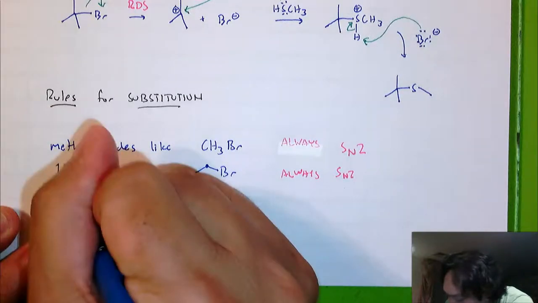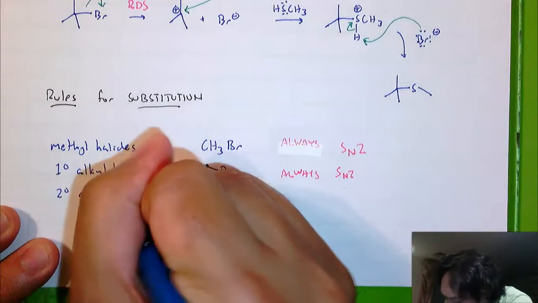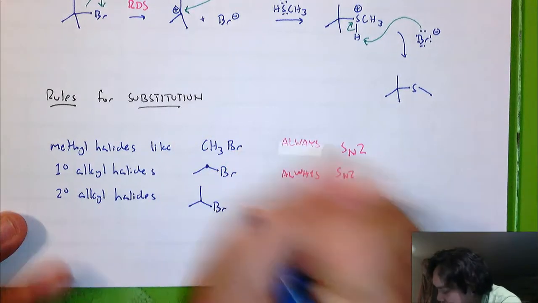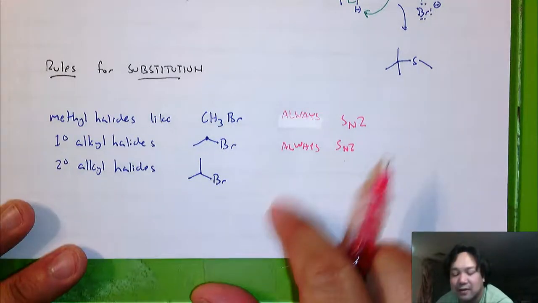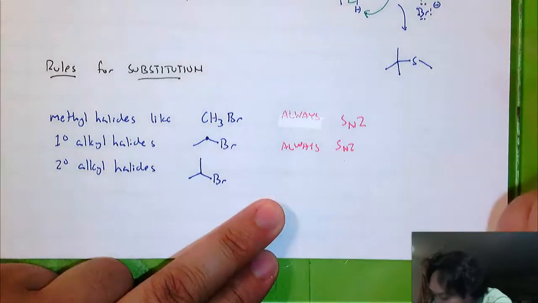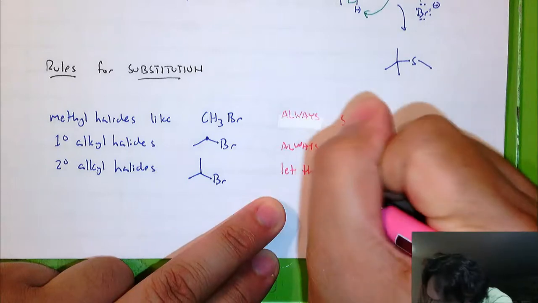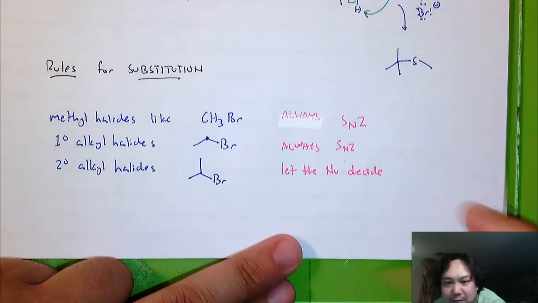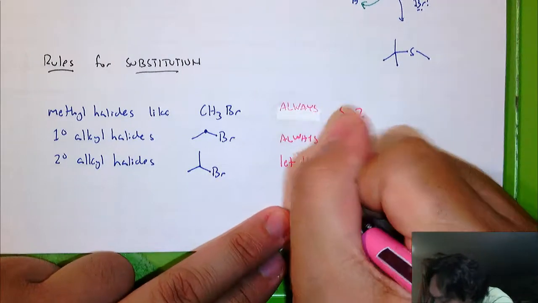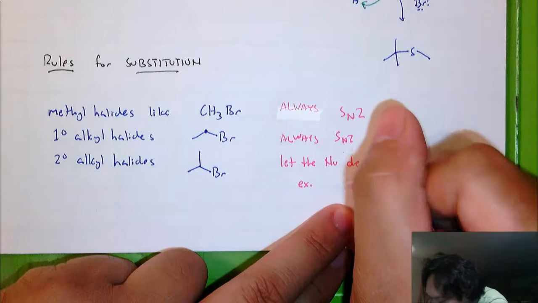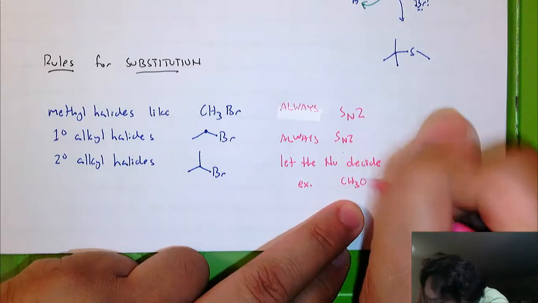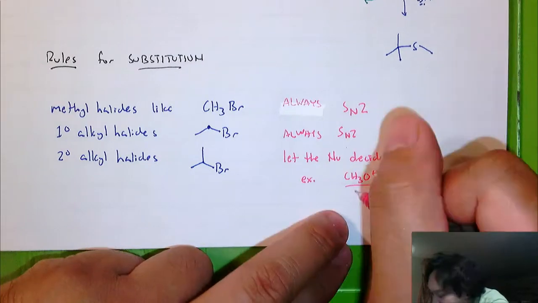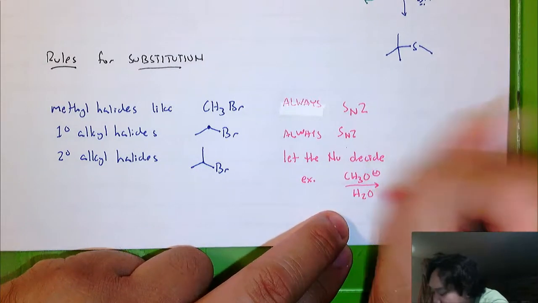Secondary. On the fence. Now, yes. Let the nucleophile decide. For example, if you had this, okay, that's a good nucleophile, but what if we have a neutral solvent?